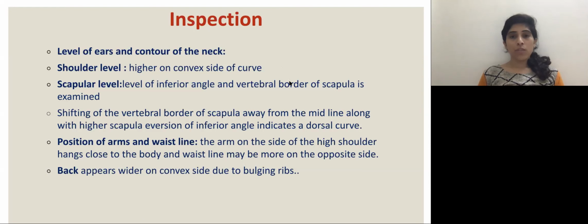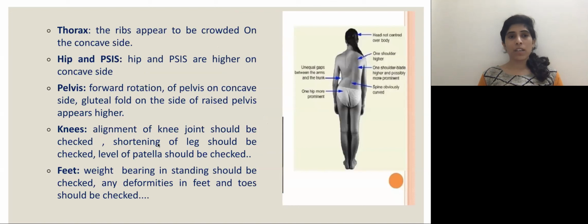The position of the arms and wrist should be checked. The arm on the side of the high shoulder will be close to the body, and the back will appear wider on the convex side just because of the bulging of the ribs. Then we'll check the thorax, whether the ribs are crowded on the concave side or convex side.